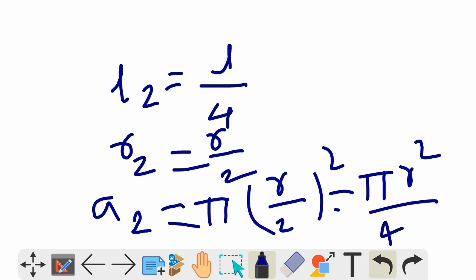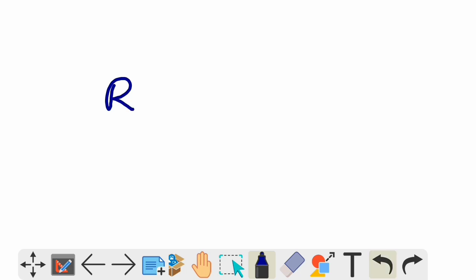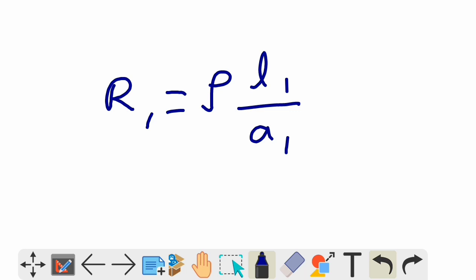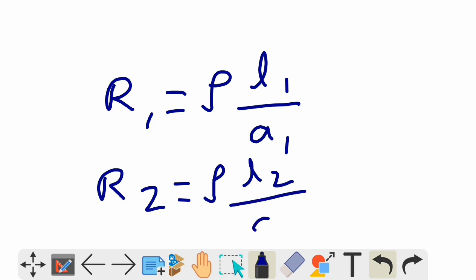Understood? Now let's write R1 will be equal to rho L1 by A1, isn't it? R2 will be equal to rho L2 by A2. Now you know the L1 value, L2 value, A1 value, A2 value. Can you find the relation between R1 and R2? Yes. How do you find? Let's take the ratio.